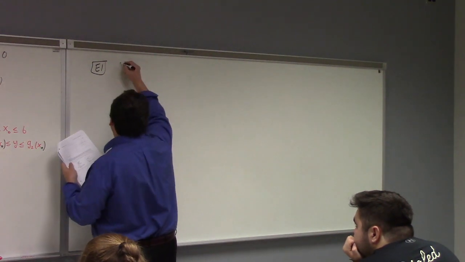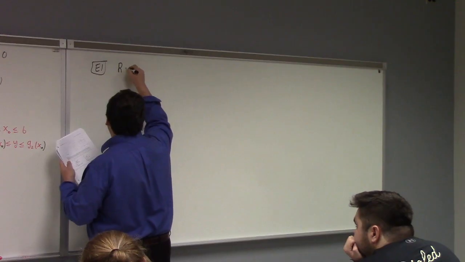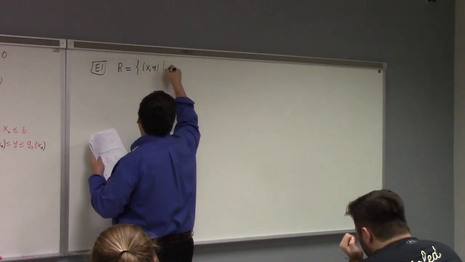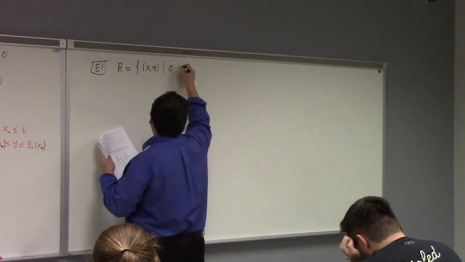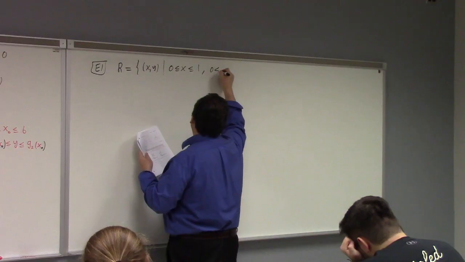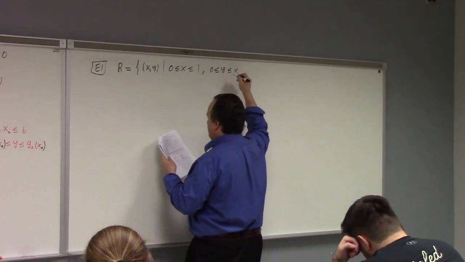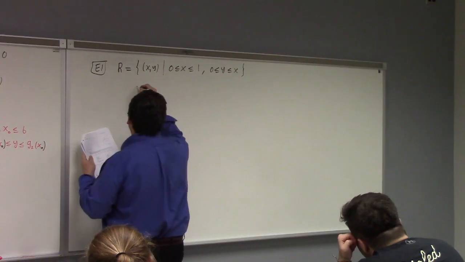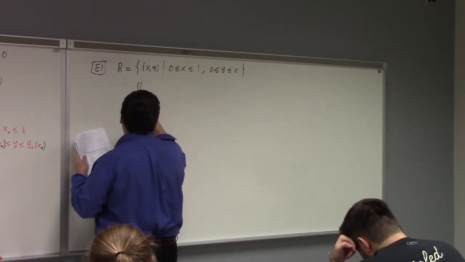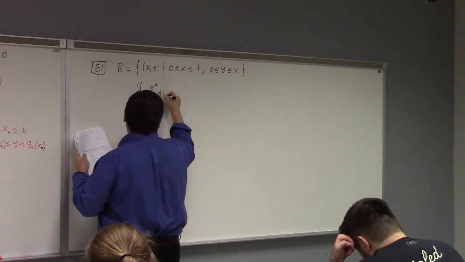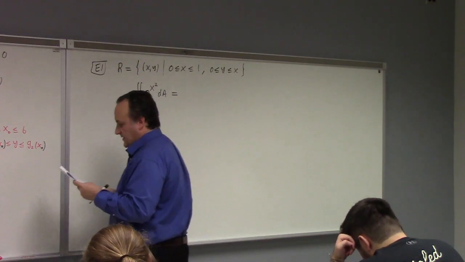All right, so here is the region I'm going to look at: x comma y such that 0 is less than or equal to x less than or equal to 1, and 0 is less than or equal to y less than or equal to x. And I want to calculate the integral of e to the x squared dA. Let's see if we can do it.